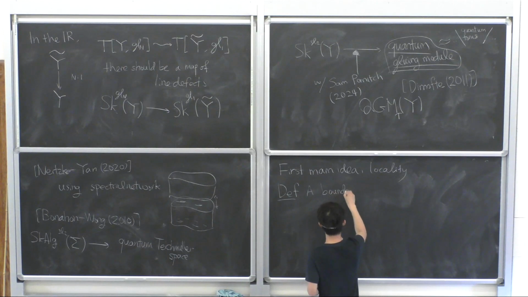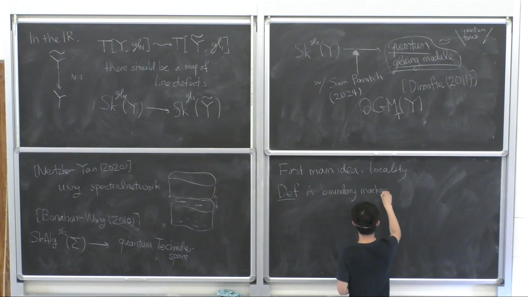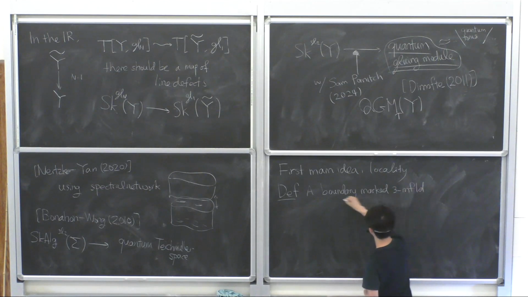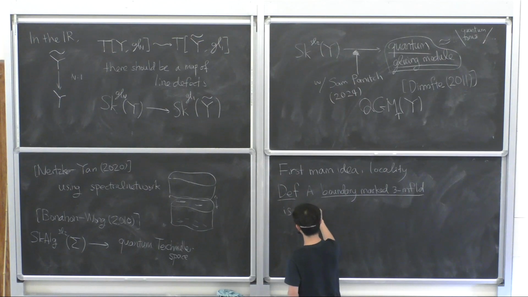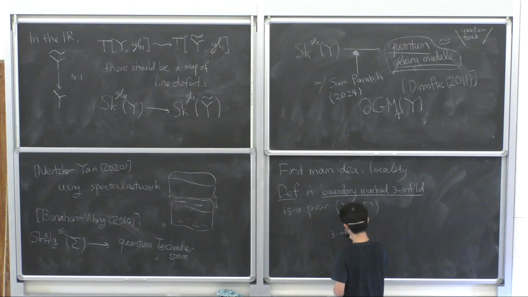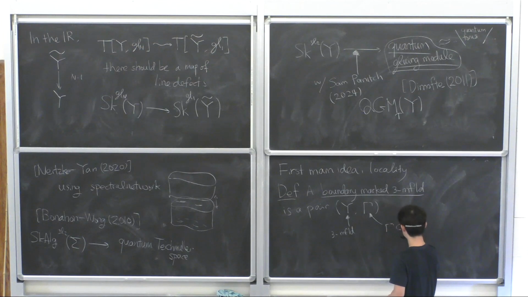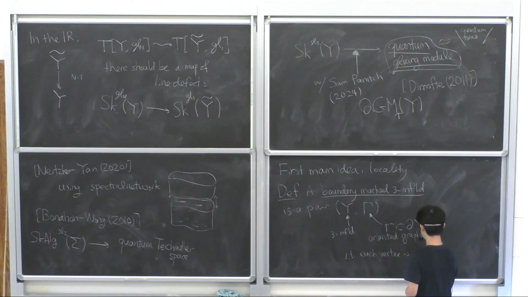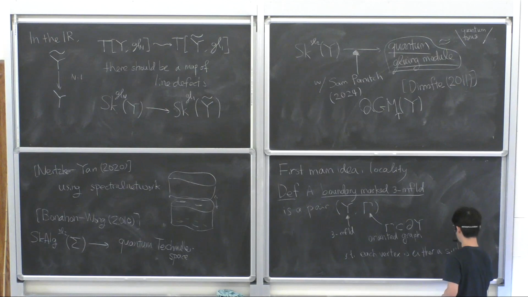A boundary marked three-manifold is a pair Y and gamma, where Y is a three-manifold and gamma is an oriented graph embedded in the boundary of Y, such that each vertex is either a sink, meaning all the edges adjacent to that vertex are oriented toward the vertex, or a source, which is the other direction.